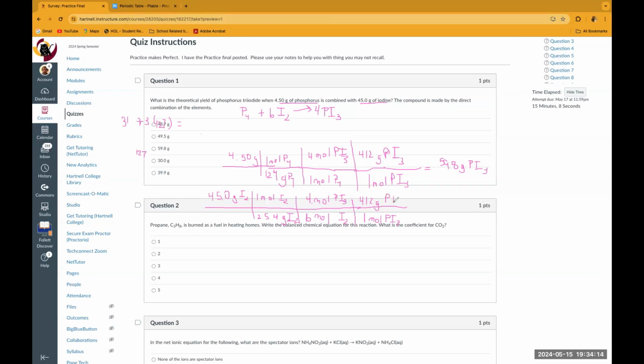So once we find that, we add it with the phosphorus triiodide, right? And then that's what we get. Yeah, so we figure out which one is going to give us the lowest quantity. So that's going to be the correct answer. Because remember, one of them is limiting, one of them is in excess. So we're really trying to figure out which one is limiting and which one is in excess.